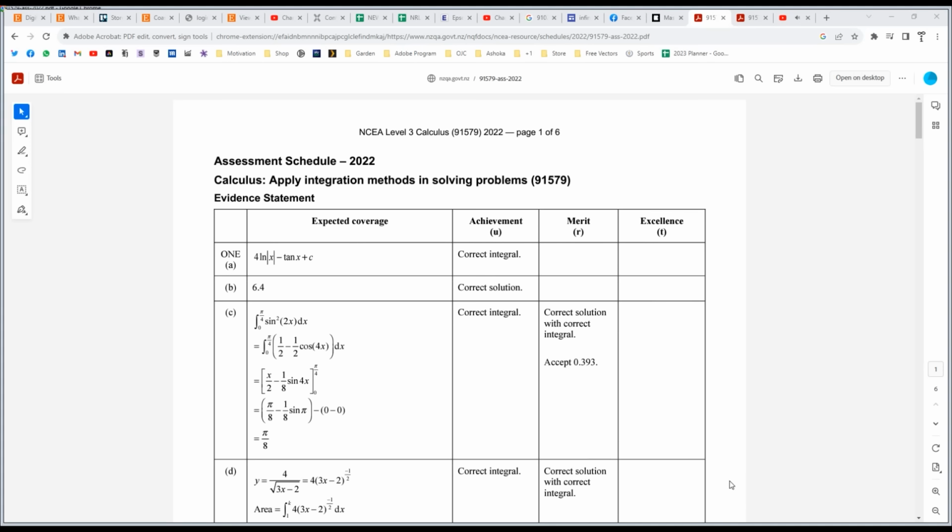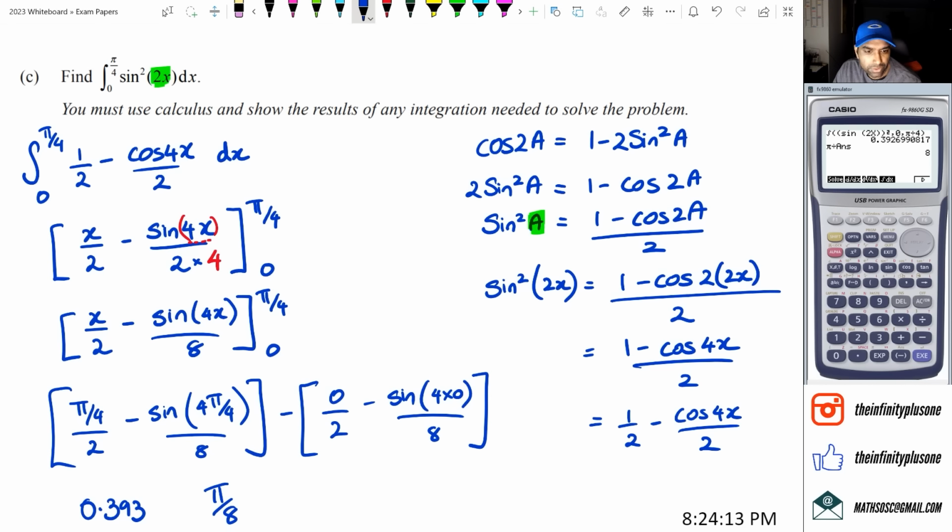So theoretically, you could do this question up to the 4th line, and instead of substituting that big equation in your calculator, you just use the integral function and get the 0.393, because that is going to give you a merit grade. And as for achieved, you're looking at somewhere here when you integrate it correctly.